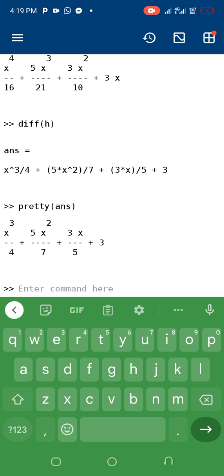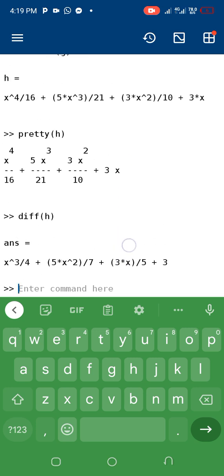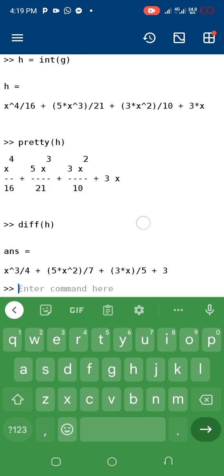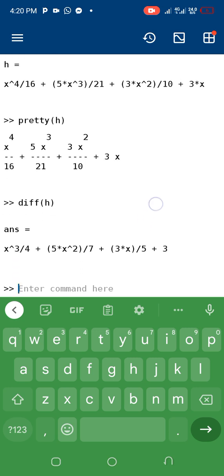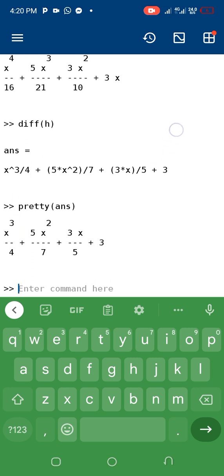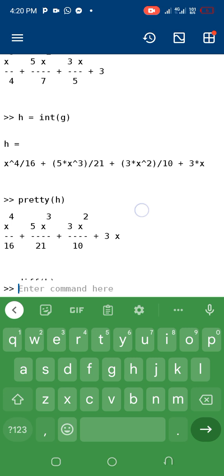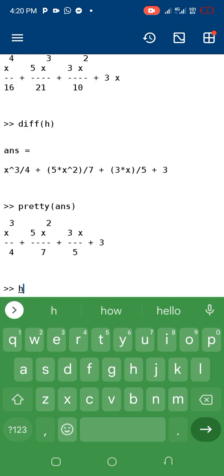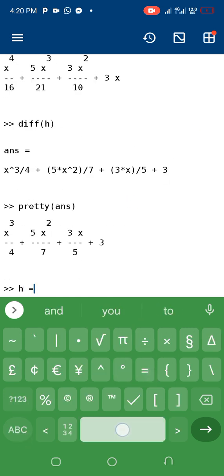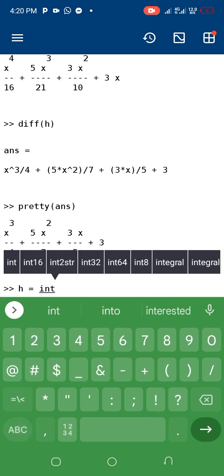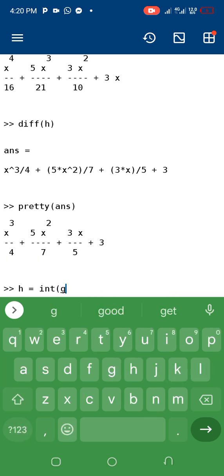Now, what if I want to also produce an answer of this integral? I will say, for example, I have the integral h, which is equal to the integral of g.